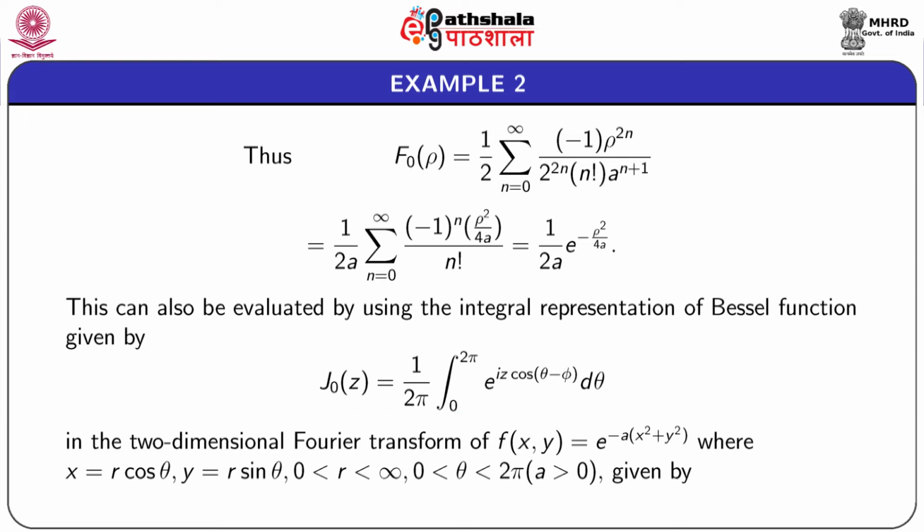two dimensional Fourier transform of small f(x, y) equal to e to the power minus a (x square plus y square), where x is r cos theta and y is r sin theta, r lying in the interval 0 to infinity and theta in the interval 0 to 2 pi.